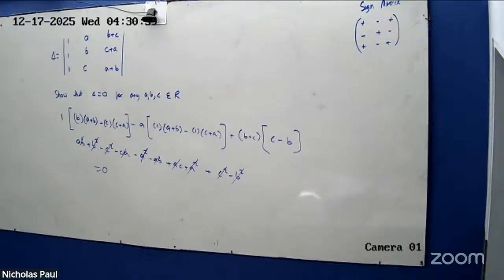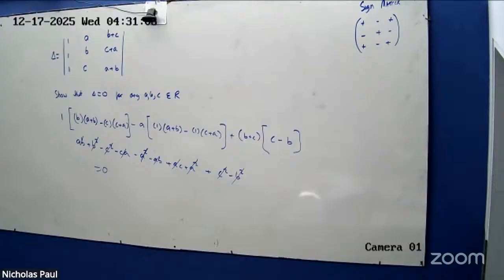These are the rules when finding a determinant. Number 1: interchanging rows or columns.